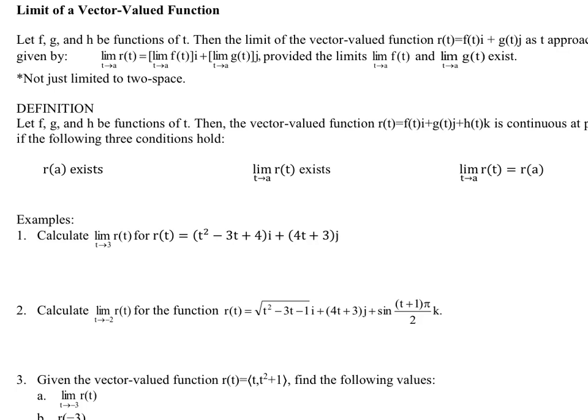Here it's just a matter of saying, I want the limit as t approaches 3. So I'm going to apply direct substitution. So it's going to be equal to 3 squared minus 3 times 3 plus 4, times i, plus 4 times 3 plus 3, times j.